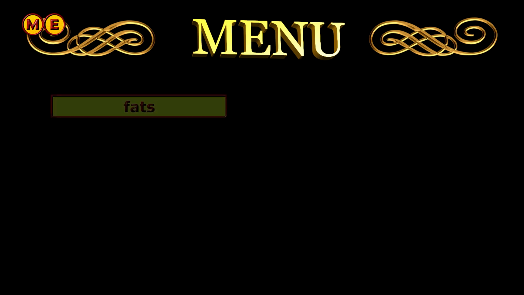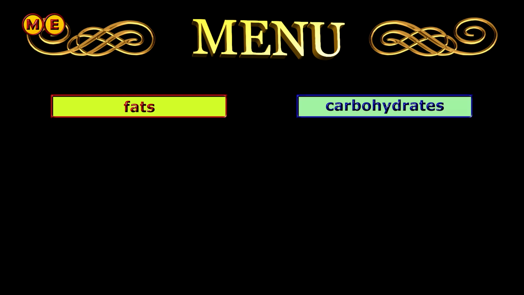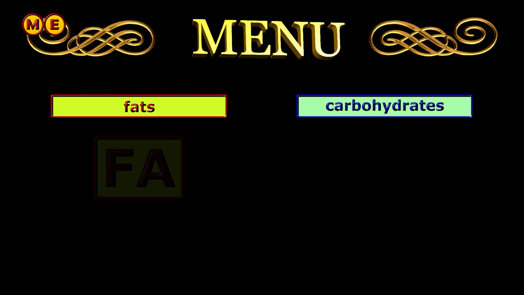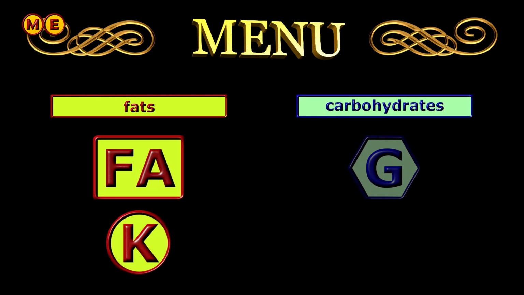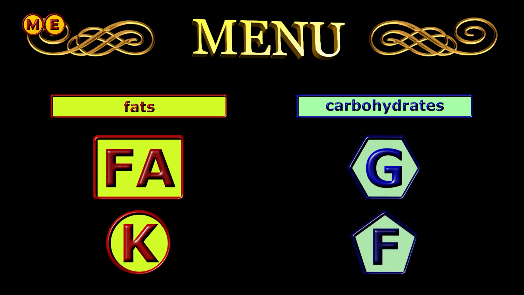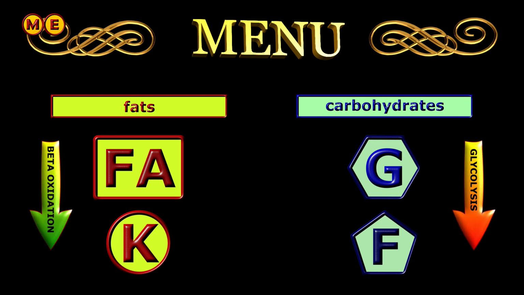Well, now is the time to make the final list. The official menu of the cells is reduced to two main food groups, fats and carbs, and we have four main nutrients: fatty acids, ketones, glucose and fructose. But these nutrients are utilized in only two ways, in the form of fatty acids and in the form of glucose.